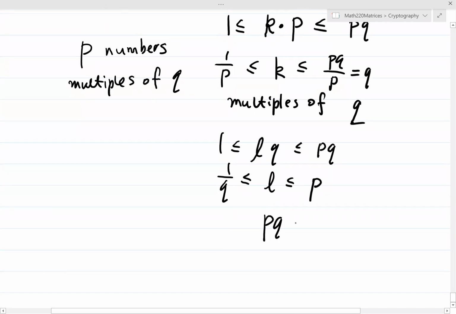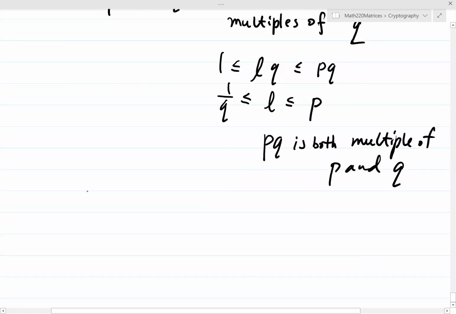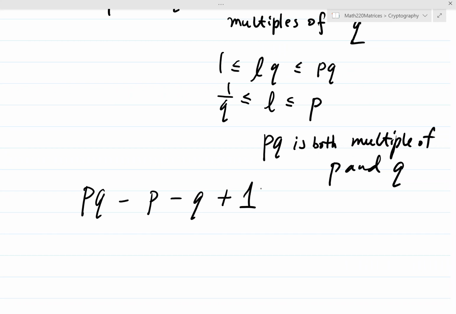So the number PQ is subtracted twice from the original set, and we need to add it back.